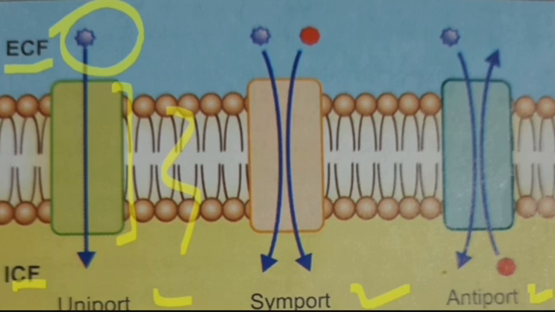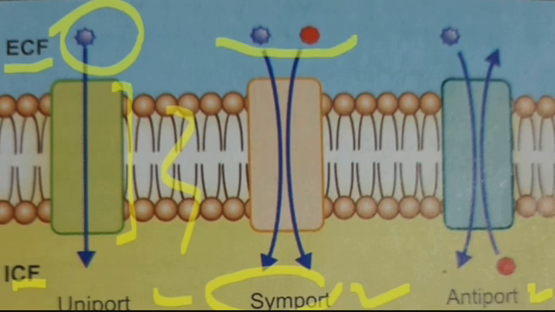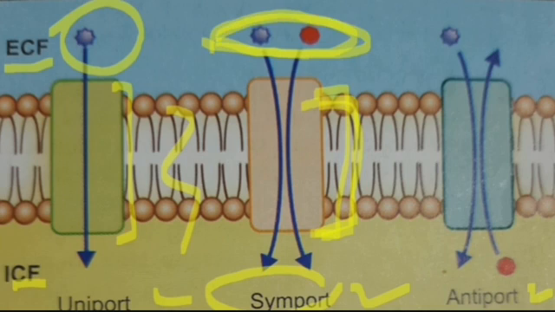But in case of symport, what will happen? Two molecules pass across the carrier protein at a time. Two different molecules pass in the same direction at a time through that carrier protein. But in case of antiport, what will happen?